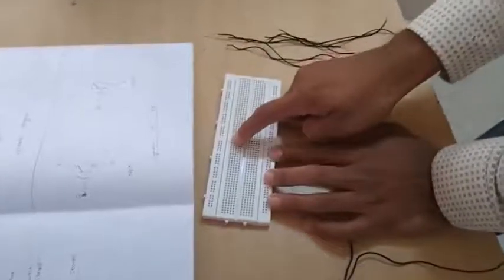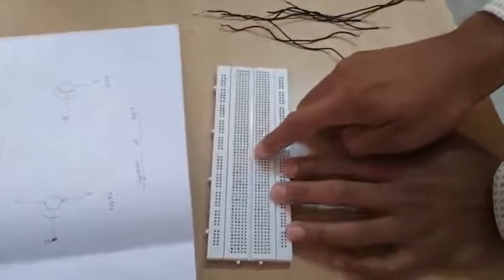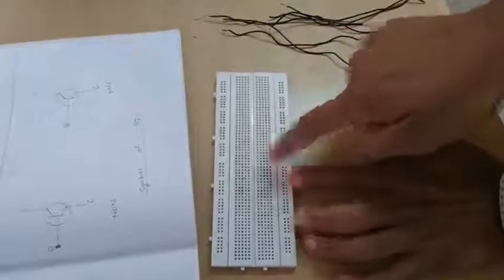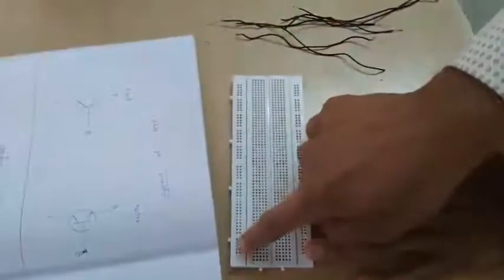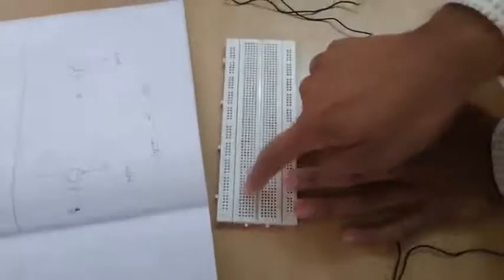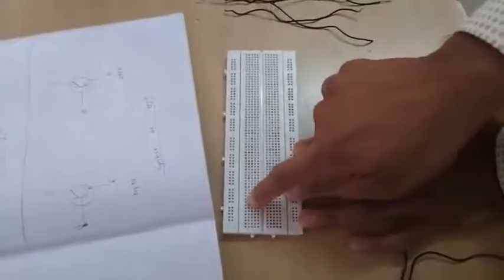These are the connecting wires. This is a breadboard. In the breadboard, vertical points have a common connection, the top and bottom parts have a horizontal common connection, and these two blocks have the same connections vertically.